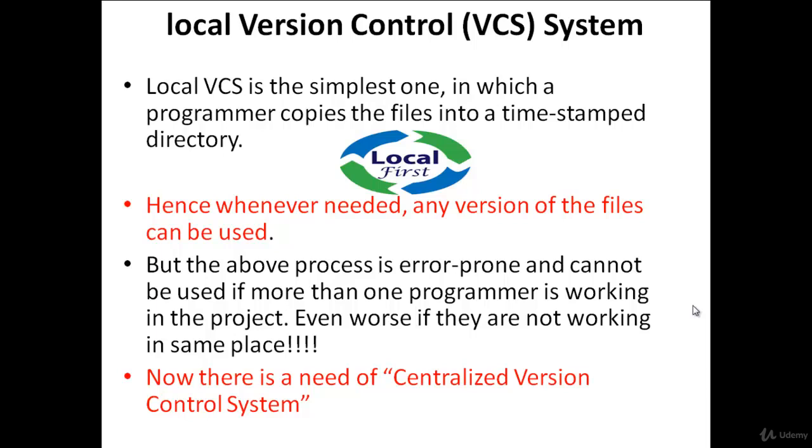Timestamp directory, as in, let's say there is a very small project and only one developer is working on that project, and he wants to maintain the versioning of the files which he writes on a daily basis, right? So the code that he writes on a daily basis. So how, in a very simple way, is he going to do that?